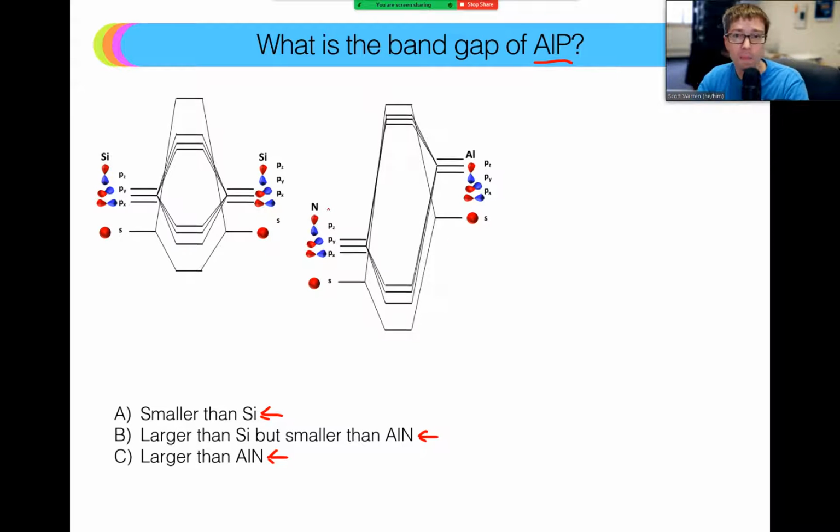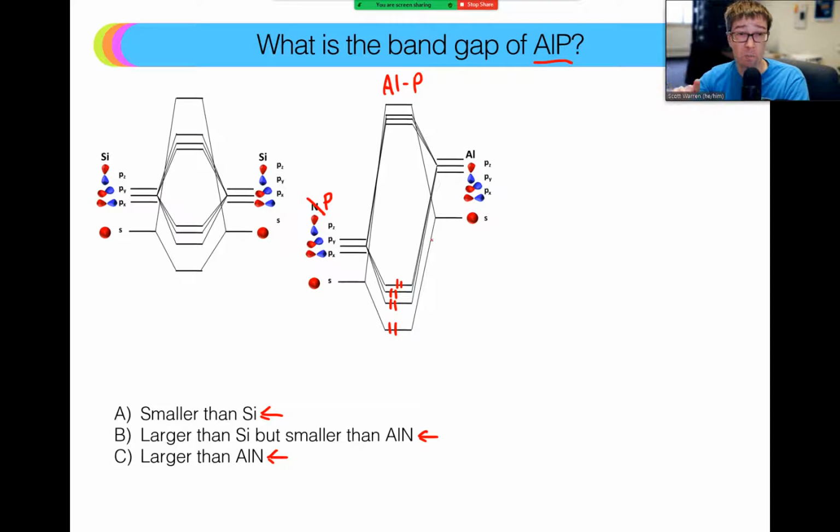Okay, so when we replace nitrogen with phosphorus, phosphorus has the same number of valence electrons as nitrogen. That means that the aluminum phosphide molecule has 8 valence electrons. And just for convenience, I'm not drawing them as arrows, just as little tick lines. Okay, but here's the one difference.